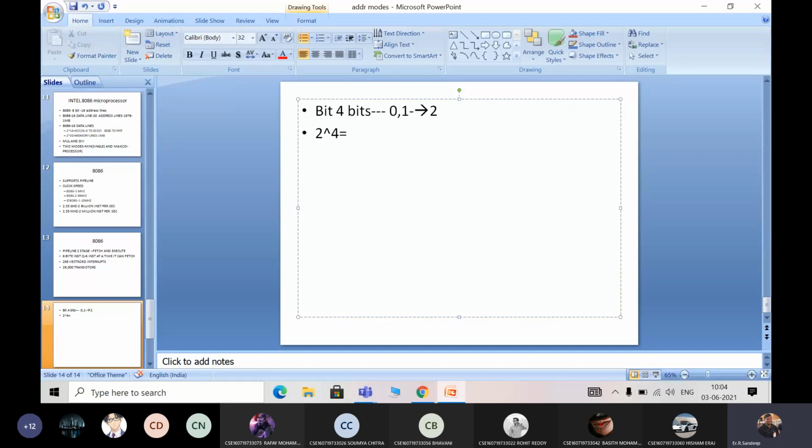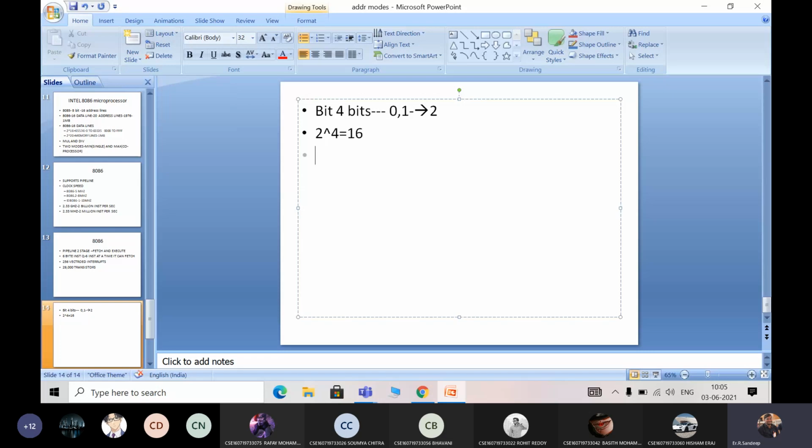So what is the value of 2 power 4? It is 16. So it can handle 16 bits of memory at a time.